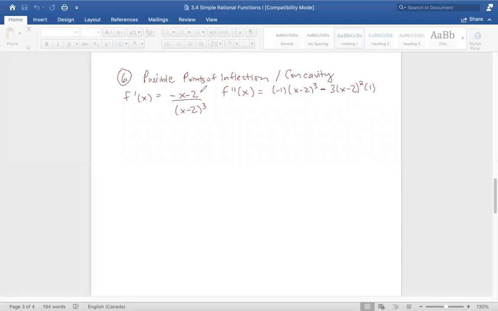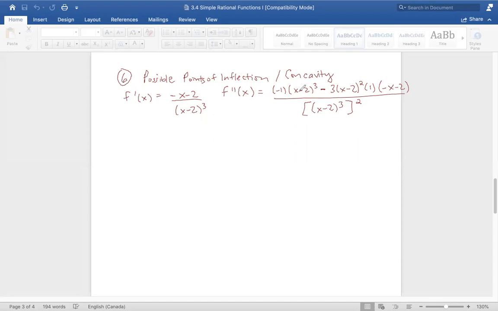And then I multiply it by the top, negative (x minus 2). And then the bottom, (x minus 2) cubed, squared, whatever the denominator is squared.